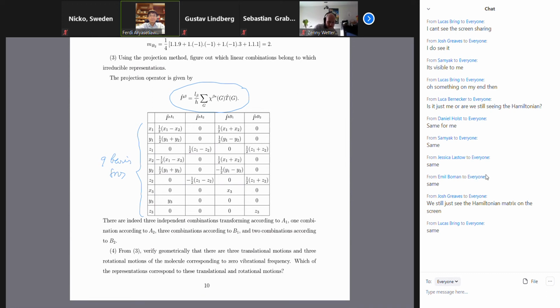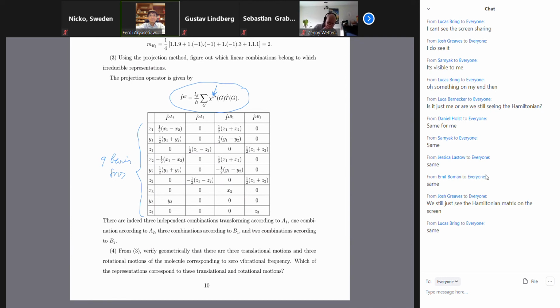So we just use the character table because we need to know the character of each of the irreducible representations. And we use the other table that we worked out for the effects of the symmetry operators on the function.